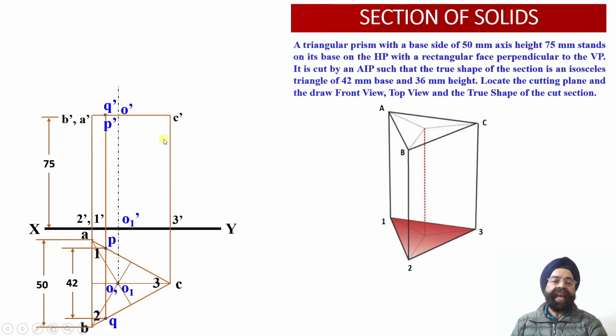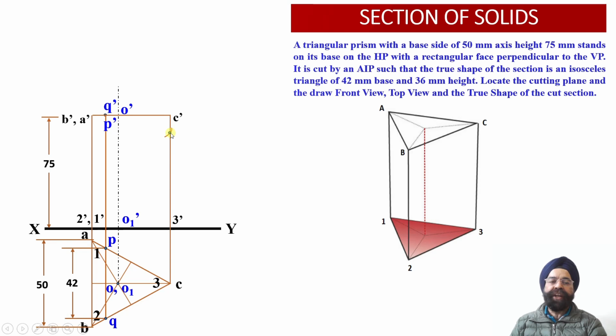Wherever the arc having radius 36 millimeter, drawn through the points P dash and Q dash in the front view elevation projection, intersects with this vertical edge, generated through the intersection of these two top face edges onto which the earlier 2 points had been located, that is the third point. So from this needle point of the compass we have drawn an arc having radius equal to 36 millimeter.